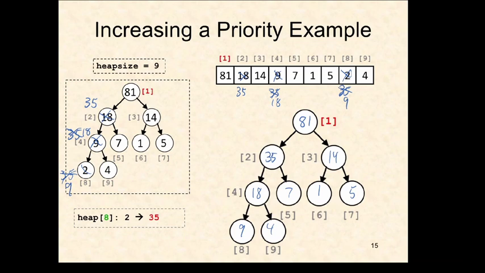They were not on a path of ancestors. We only have to look at a node and its parent, that node's parent, that node's parent. We only have to follow this path of ancestors going upward. So we've restored the heap property.